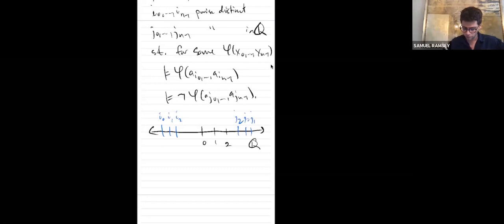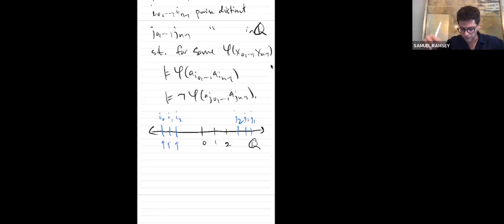Now, notice that these guys, which I wrote in order, I wrote i_0, then i_1, then i_2. Anything that's true of the tuple indexed by this triple will also be true for 0, 1, and 2. Why? Because it's an indiscernible sequence. So of course, if I preserve the order, I can slide them.